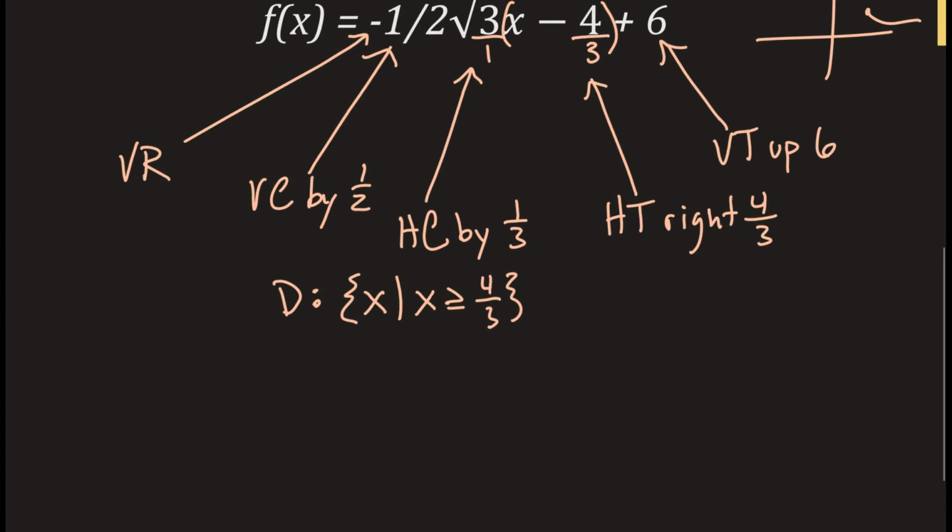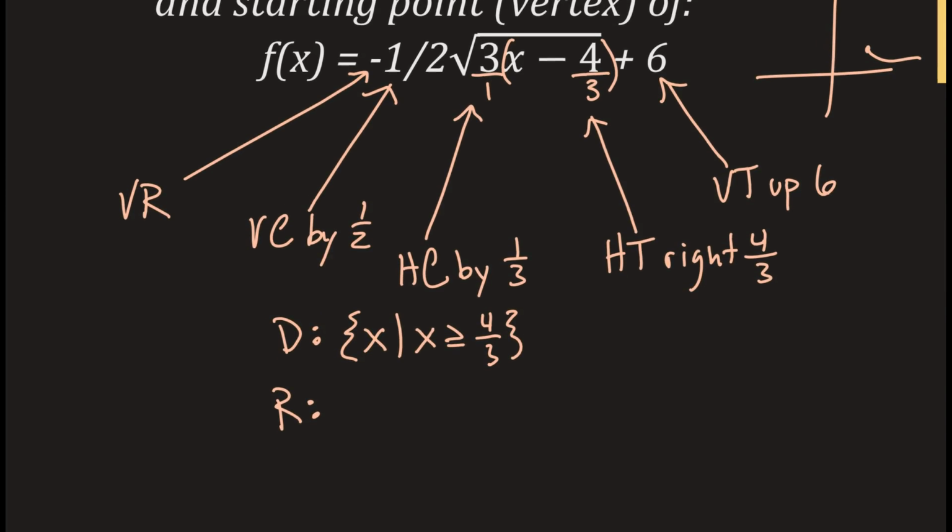And here, our range is always determined by which one in our transformation function? The k value. So here, what is our k value? 6. Now I moved up 6, so you would be tempted to say the range is everything bigger than 6. However, what has happened to this function?